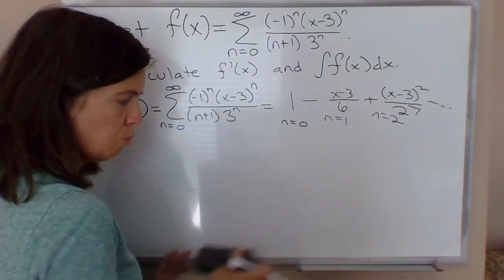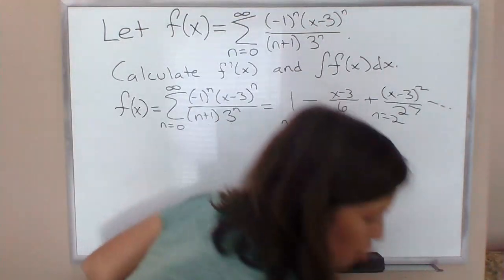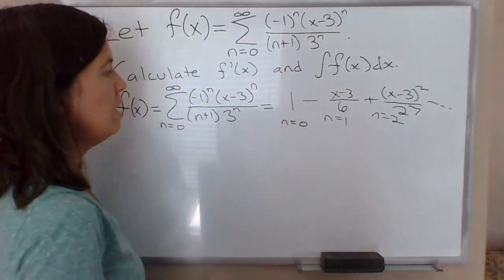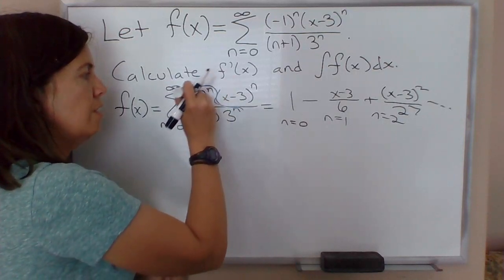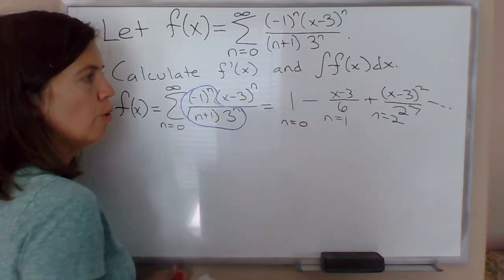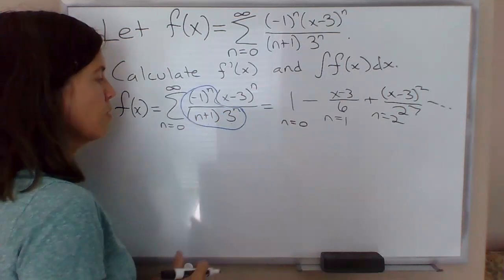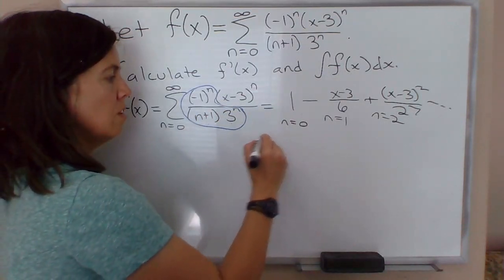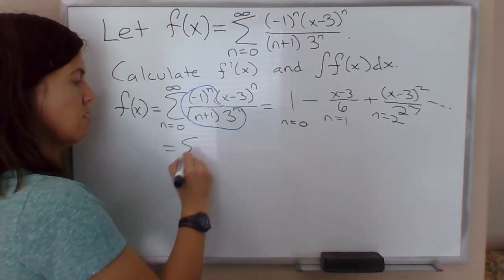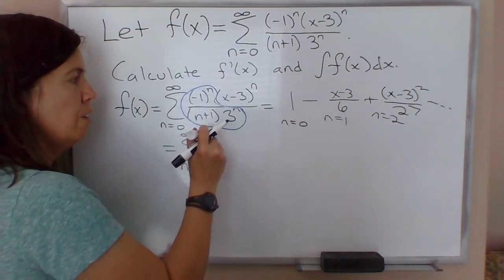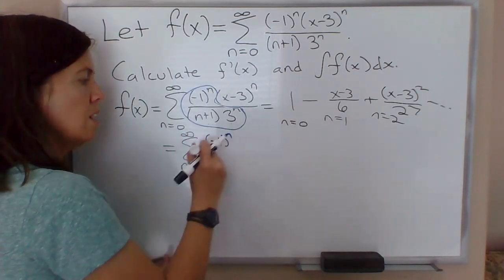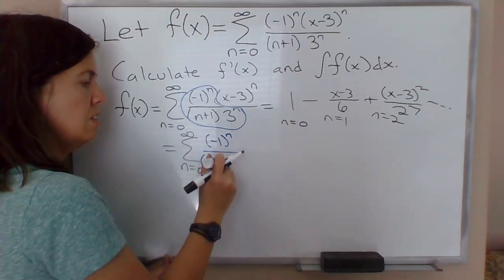What I'm trying to illustrate by plugging in these first few values is that for each value of n, all of this stuff here is generating your coefficient. So we might want to look at this f of x as the sum from 0 to infinity of negative 1 to the n over n plus 1 times 3 to the n.